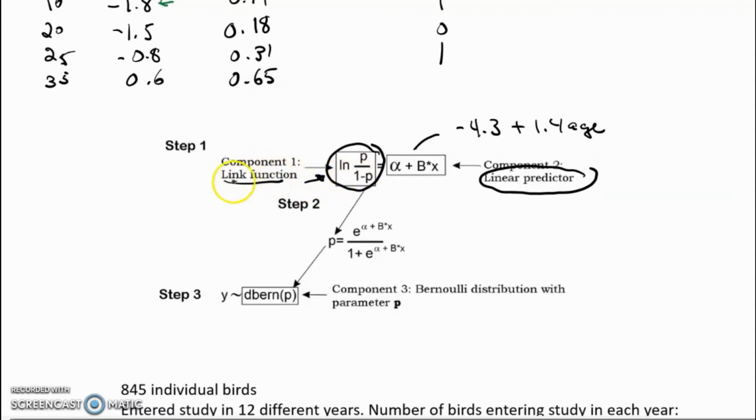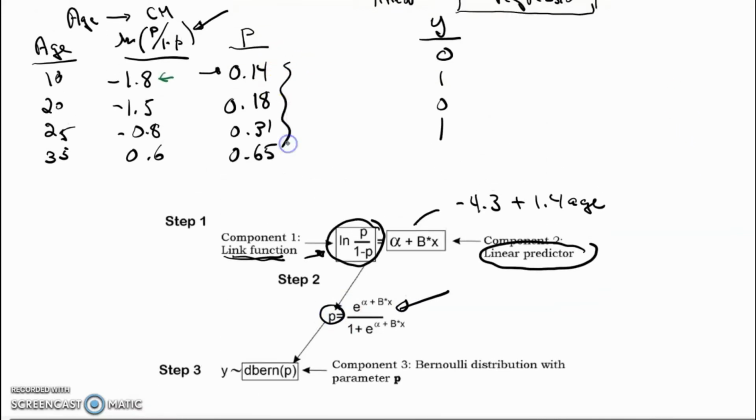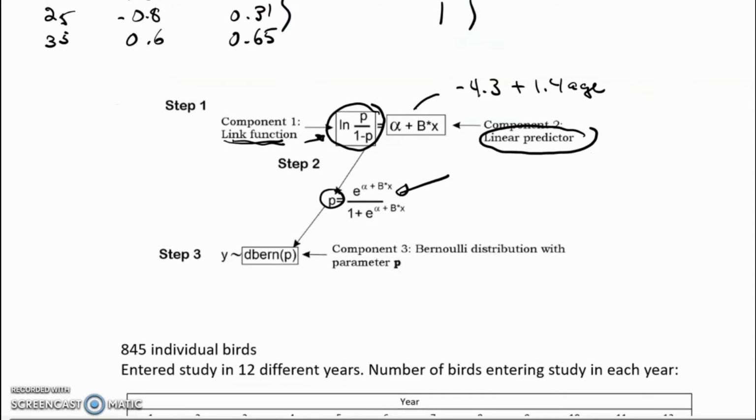Once we got the value of the logit, we had to back transform, and that gave us p. But then we had to go from these probabilities to some zeros and ones. And we did that by taking a single observation from a Bernoulli distribution with this parameter p.